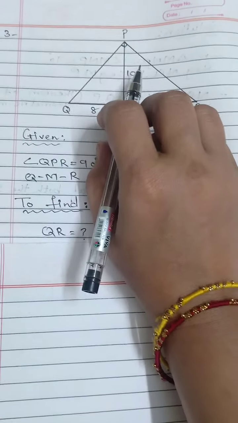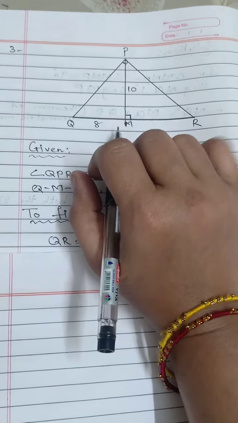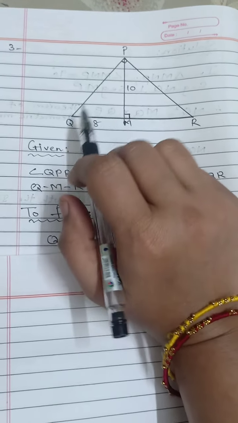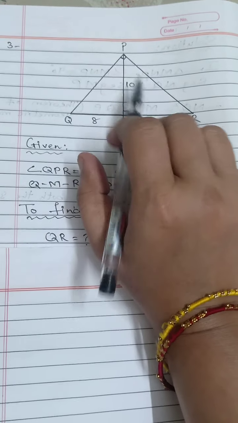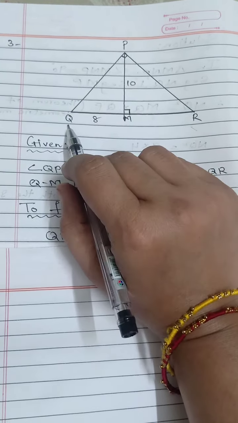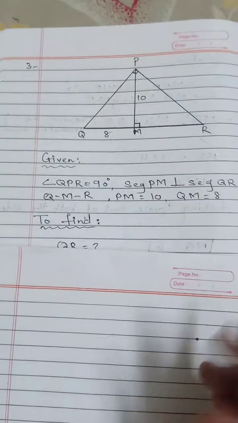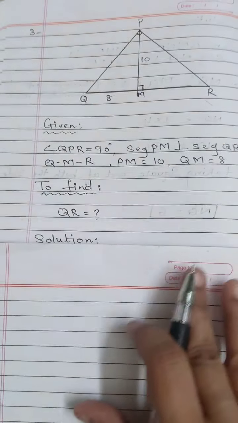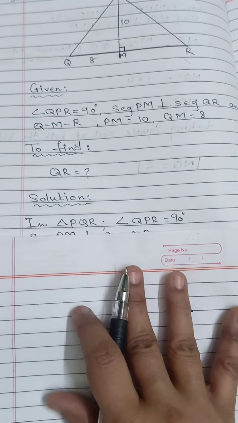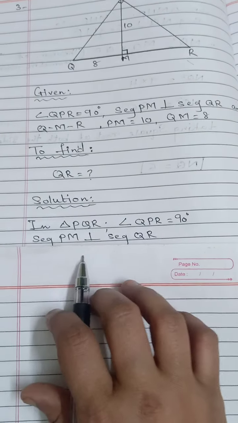Now first of all, in the solution we'll write the statement that in triangle PQR, angle QPR is equal to 90 degrees. Then PM is perpendicular on QR. Therefore, we can apply the geometric mean. So, see the statement in the solution. In triangle PQR, angle QPR is 90 degrees, PM is perpendicular on QR.